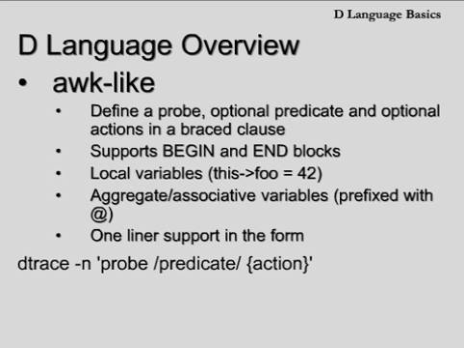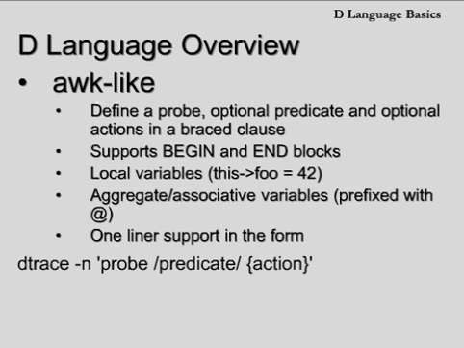What I mean here is that it supports increments, and counters, and associative arrays, and all the things that you would expect to have in a fairly modern programming language. I mean, D is not like a Turing complete programming language, but it's pretty good for what you get. And it also has one-liner support. The way you do that is you run dtrace -n, and you specify the probe and a predicate and an action. It's pretty straightforward.